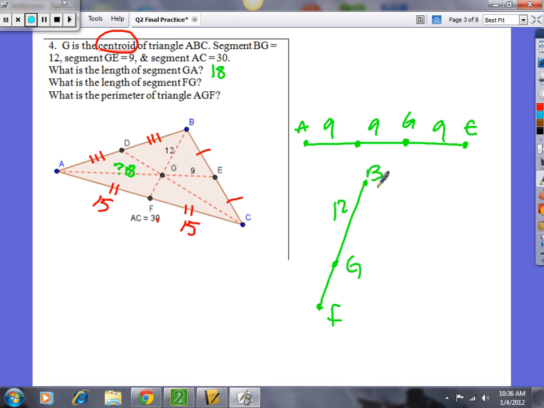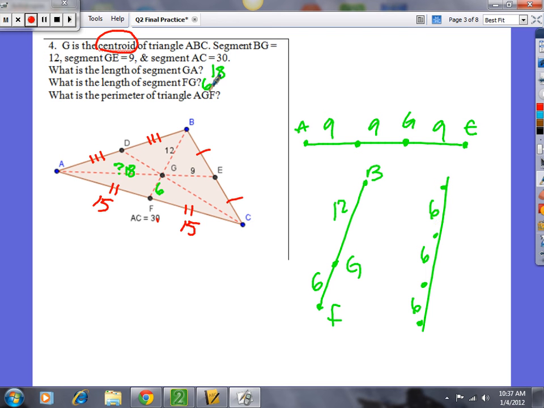If from B to G is 12, I know that from G to F has got to be 6. I just divided 12 by 2 and got 6. So that means each segment is going to be 6. So if I draw a line again, this chunk's going to be 6, this chunk's going to be 6, and this is 6. So 2 6s, that's giving me the 12. Alright, so I just got F to G is 6.